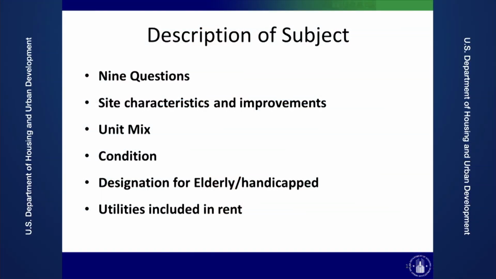Below the scope of work is a description of the subject property. What are we doing the appraisal on? This section contains 9 questions, including site characteristics and improvements, unit mix, which is explained in 9-9A1, the condition of the property, the designation for whether or not it's elderly, and a description of the utilities that may or may not be included in the rent.